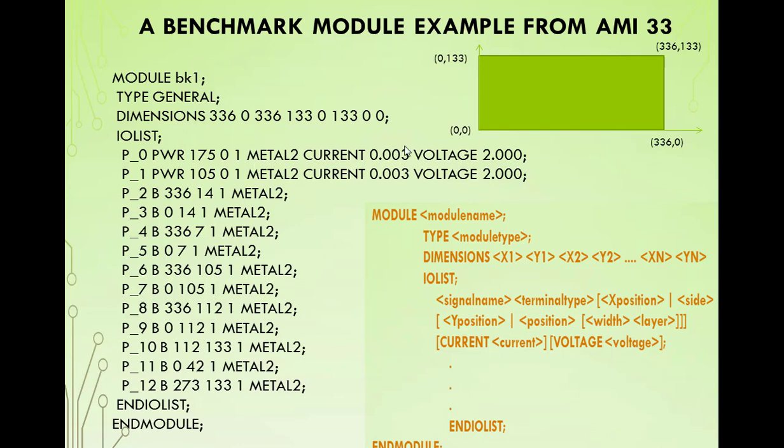The next one we define is the current and voltage characteristics. That means it can withstand 0.003 amperes of current, that is 3 milliamperes, and the voltage it can withstand is 2 volts. The next one is similar, like P underscore 1 PWR 105.